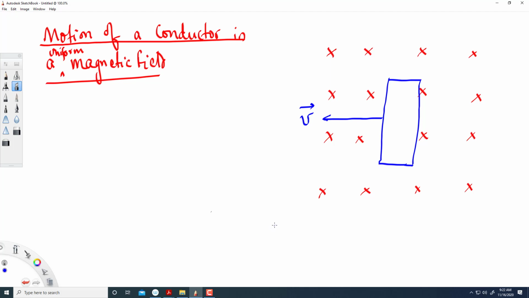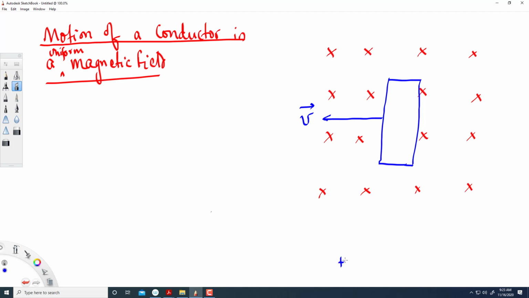So what happens to the protons in the conductor? Basically, when we deal with the current, we talk about the motion of positive charge. That's the convention. That's why it's called conventional current.